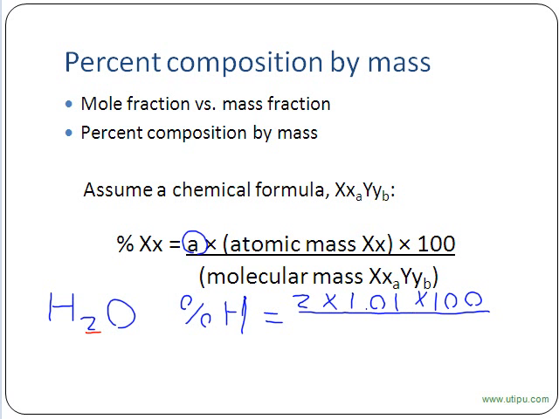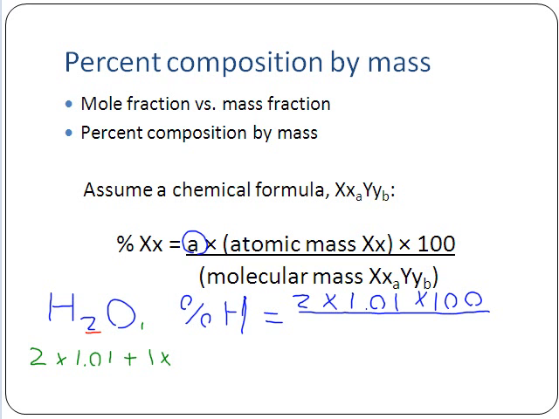We're going to take this and divide it by the molecular mass, so we've got to figure out what the molecular mass is. If you remember from a little farther back, the way we find the molecular mass is to add up each of the pieces. Here we have 2 hydrogens, so 2 times the mass of hydrogen, 1.01. Then we add that to the number of oxygens. We only have 1 oxygen here, so 1 times the mass of oxygen.